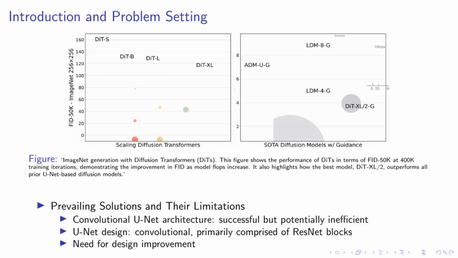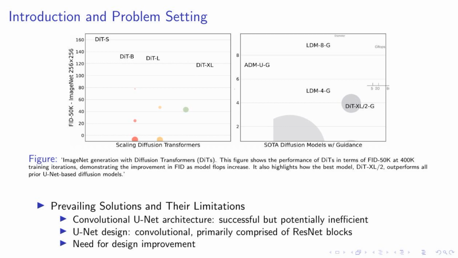In our quest to improve the efficiency of diffusion models, we've turned our attention to the prevailing solution, the convolutional UNet architecture. While it has seen success, we believe there's room for improvement. The UNet design is primarily comprised of ResNet blocks, which while effective may not be the most efficient choice. Now let's take a look at this figure.